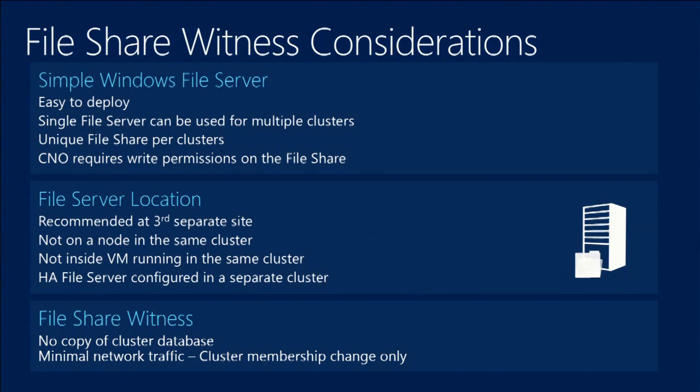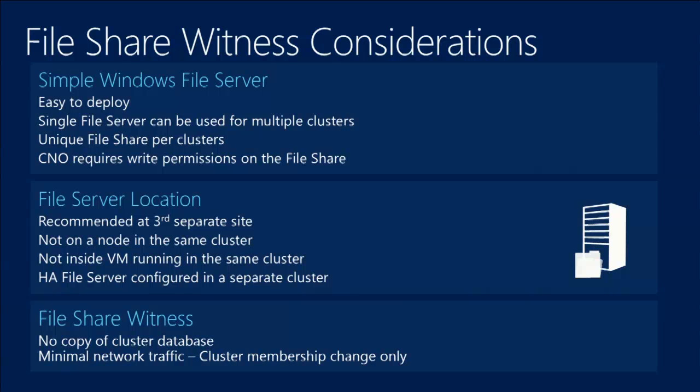And so that's about the file server and the SMB share. But where should this file server be running? The location of this file server is expected to be on a separate node, which is not part of the cluster that the witness is for, because you want to give certain guarantees where the cluster can automatically fail over across different partitions.